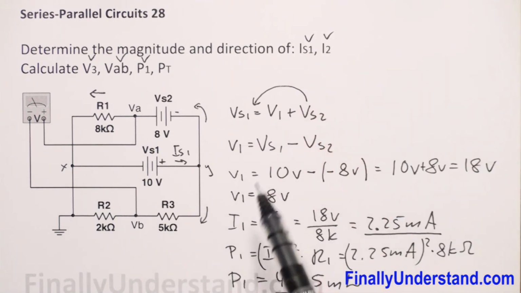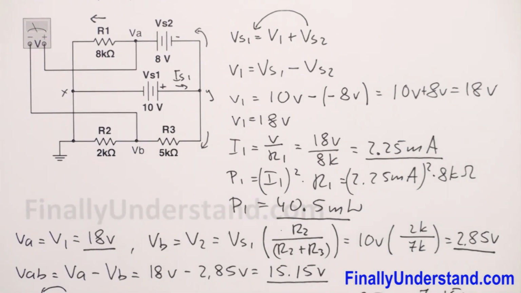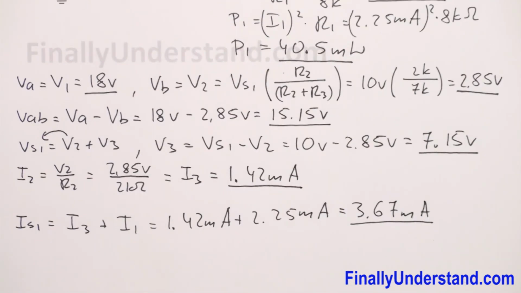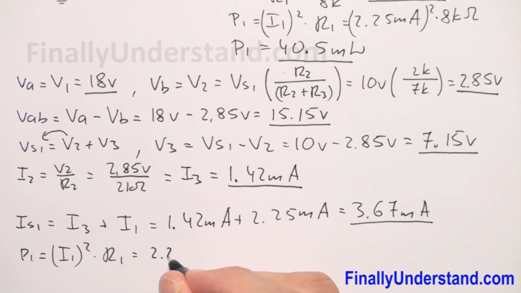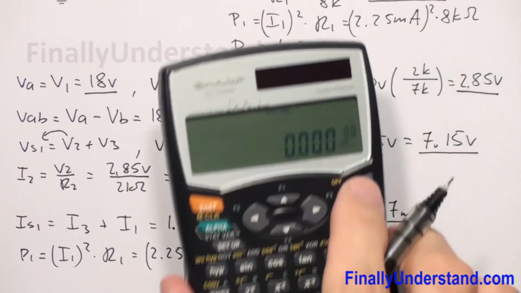Now we're supposed to find the total power. Okay, because we have two voltage sources, we're supposed to find the power at each resistor. So I can say that my P1 is equal I1 squared times R1, where I1 is equal 2.25 milliamps to the second power times R1, which is equal 8 kilo ohms.